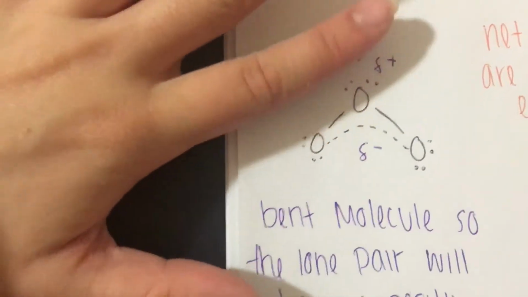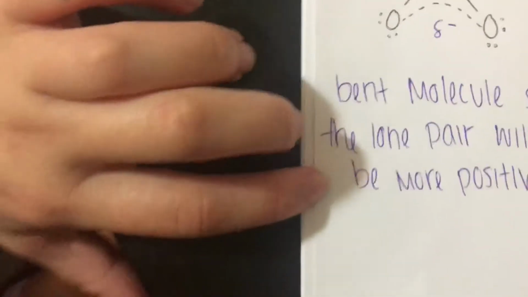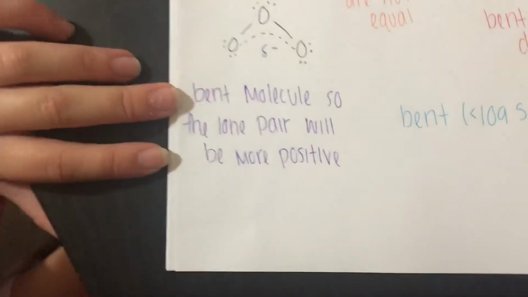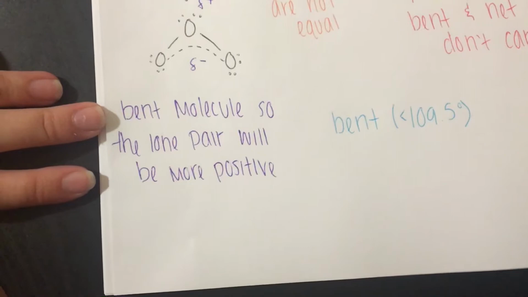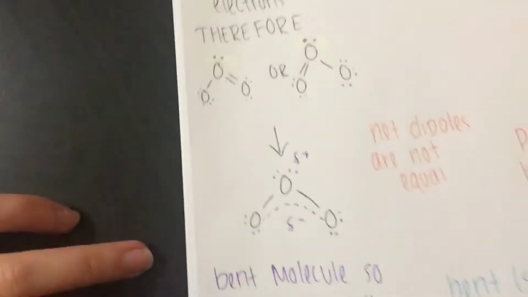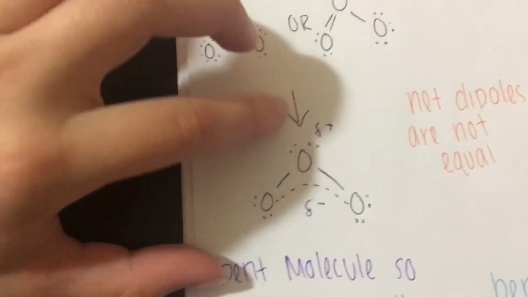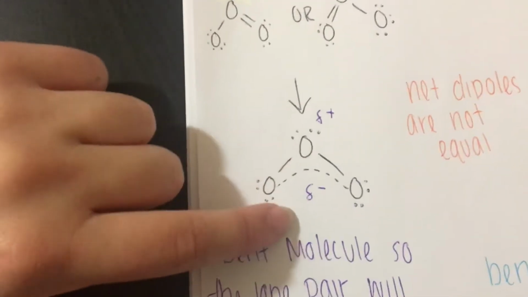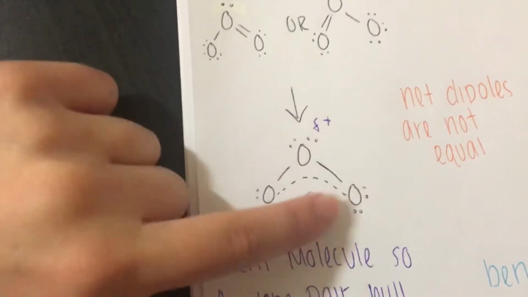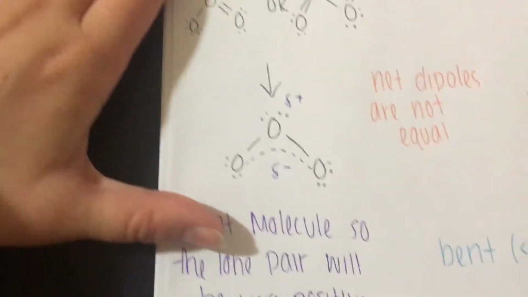And then because the molecule is bent, and so therefore has a little bit less than 109.5 degrees between each angle of the domains, there's a more partial positive towards the top where the lone pair of electrons is, and then more partially negative towards the bottom where the other 2 oxygens are.